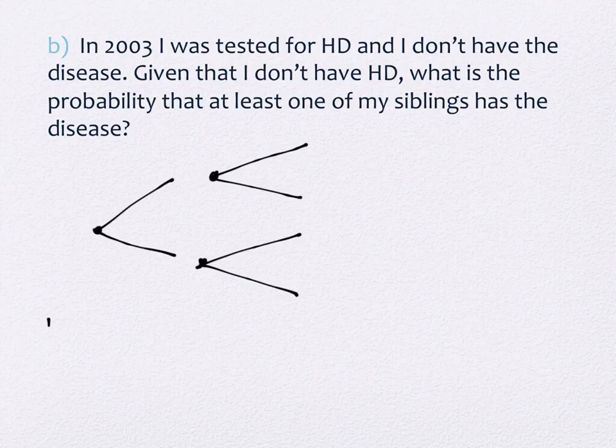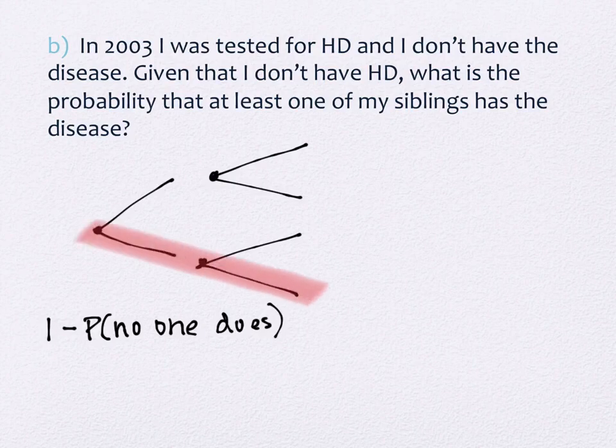Well, you can calculate the probability the same way you did before. The probability that at least one of us has it is 1 minus the probability that no one does. Well, the no one does probability is still this bottom branch, right? It's the only branch where everybody came out okay, basically.